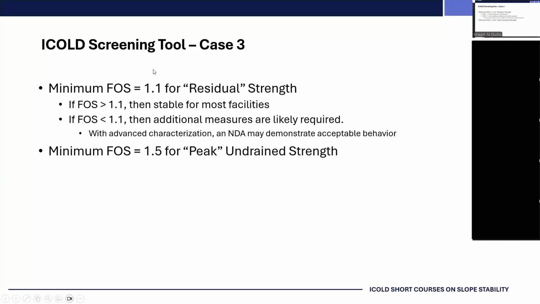We adopted case 3, where we looked at the minimum factor of safety 1.1 for residual strength. And these are the things that Paul talked about before, and we couldn't meet that. Then with advanced characterization, NDA may demonstrate acceptable behavior, and I'll get to that in a moment. We kept the minimum factor of safety 1.5 for the peak undrained strength.